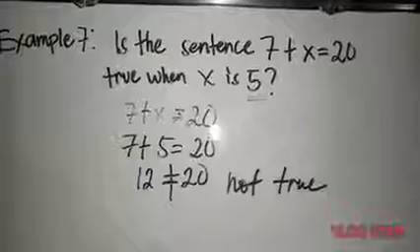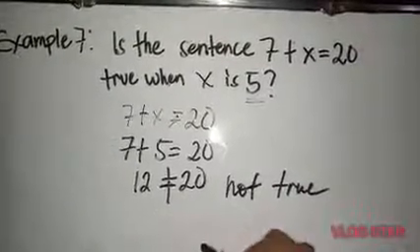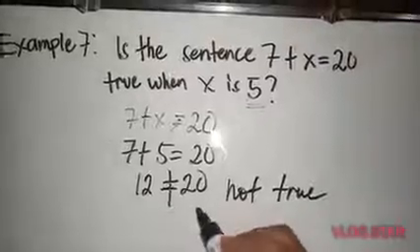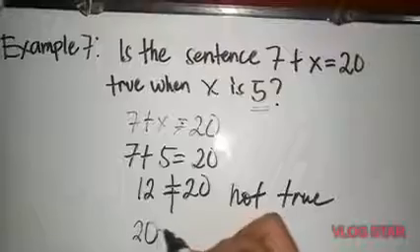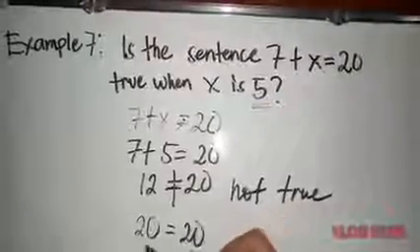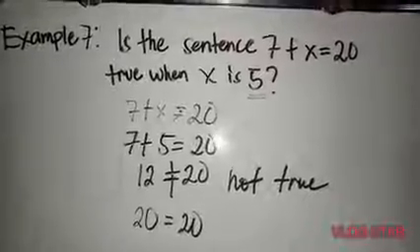The sentence is not true because the right side is bigger than the left side. To make it true, the value of the left side and the right side must be equal.